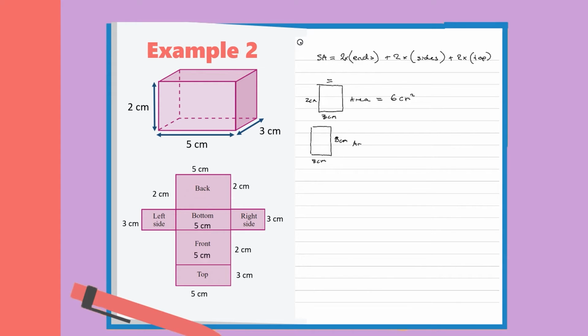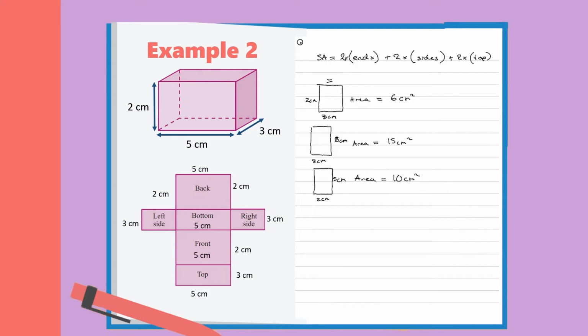So its area is going to be equal to 15 centimeters squared. And if we look at the sides, we can see that this is going to be 5 centimeters long by 2 centimeters high. And that means that the area is equal to 10 centimeters squared.